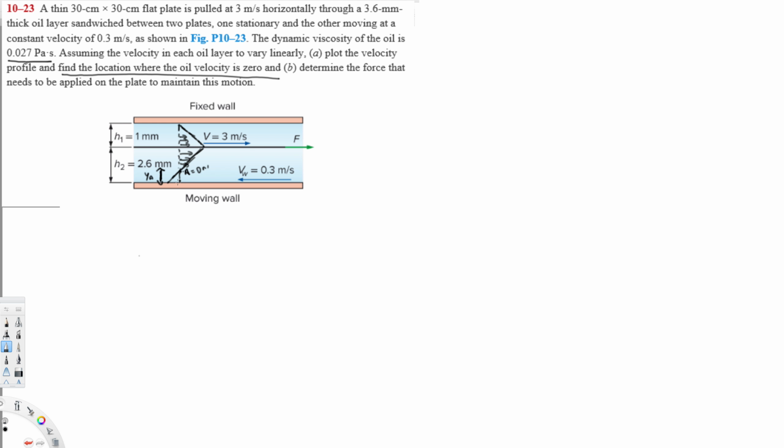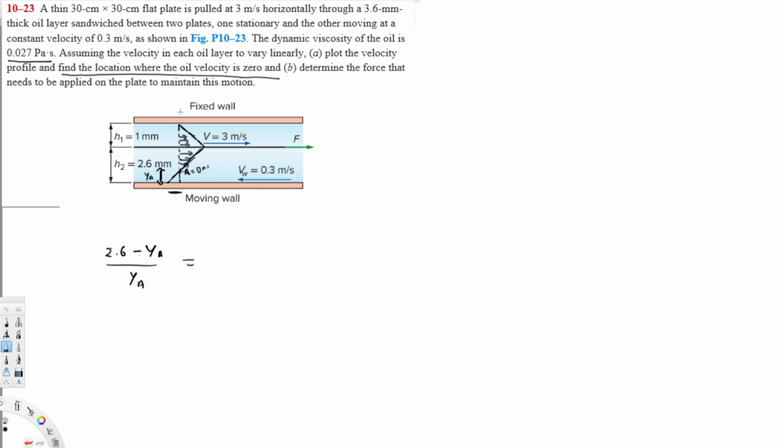We have 2.6 minus Y_A, divided by Y_A, equal to the velocities, because we can consider this distance as velocity.